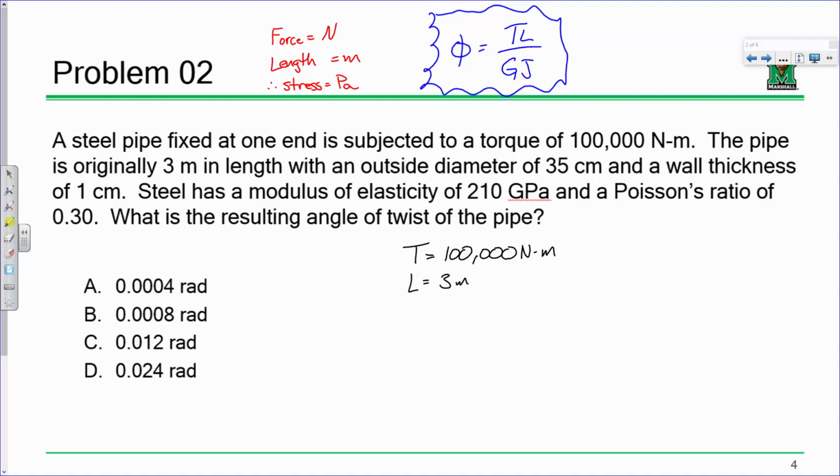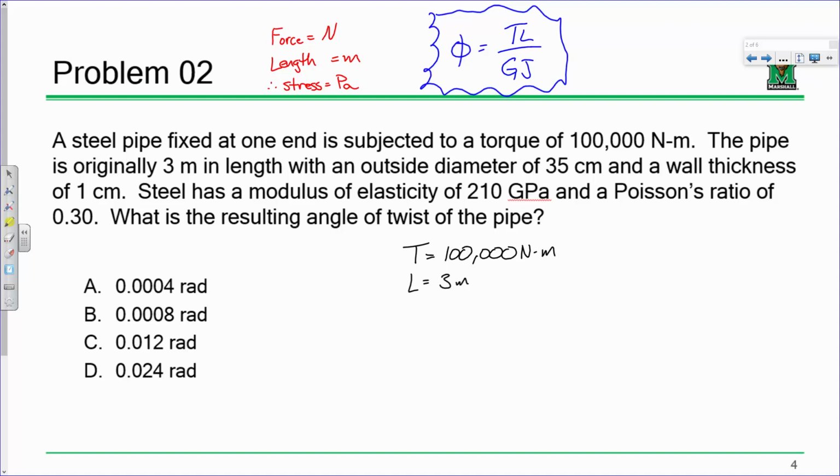Normal stress and strain mean pressing on it. G, however, is about not normal stresses, but shear stresses, meaning equal and opposite directions. So if I take an element and I shear it, what happens? It sort of looks like that, right?